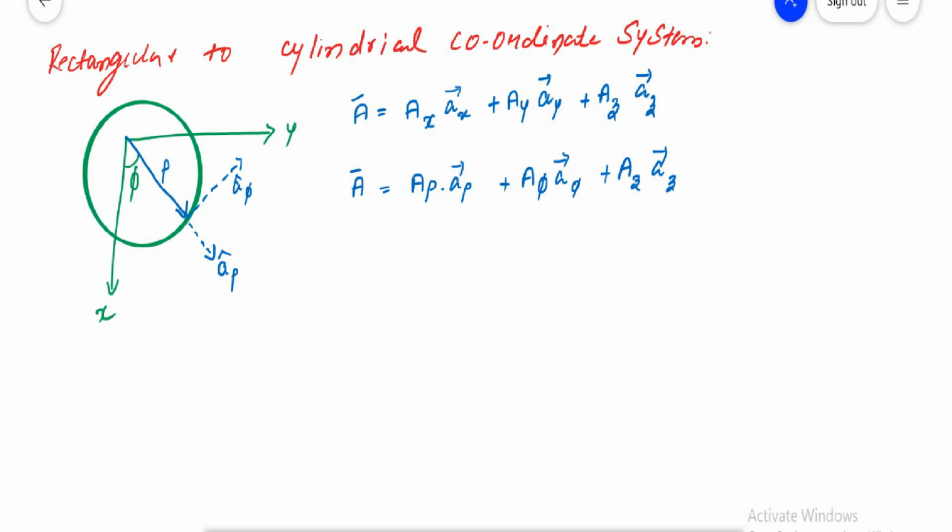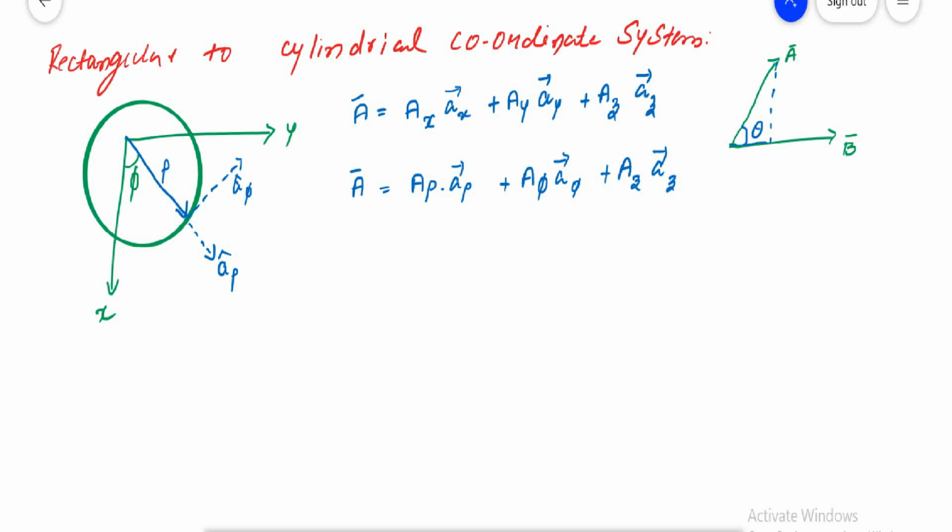For example, if this is a vector B and this is a vector A, the angle between these two vectors is, let us consider, theta. There will be some projection of A on B. Let us consider one hypotenuse here. So what will be the length of this one?